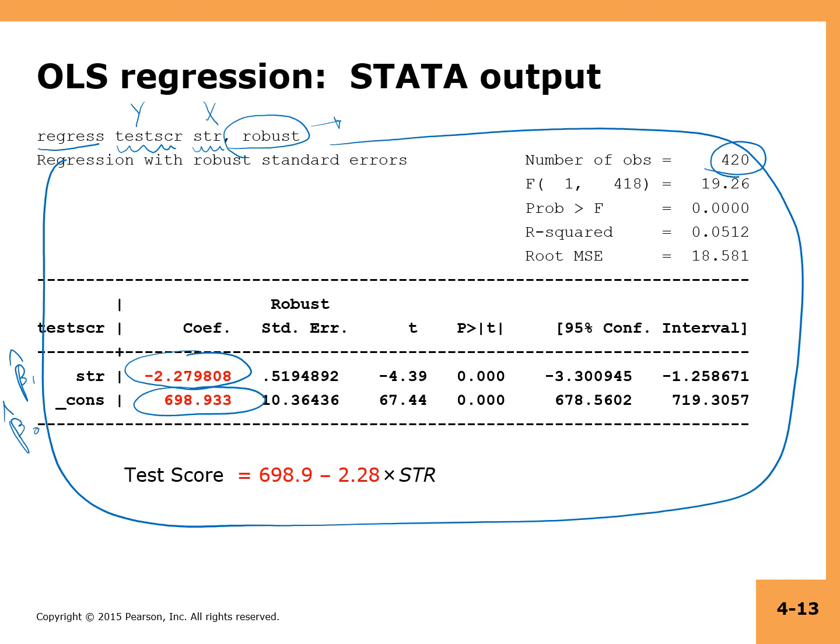From the Stata output, we can tell that our sample regression line is test score is equal to the constant 698.9 minus 2.28 times STR.